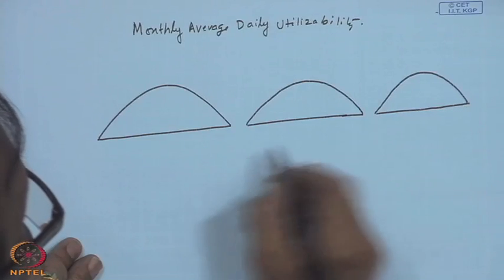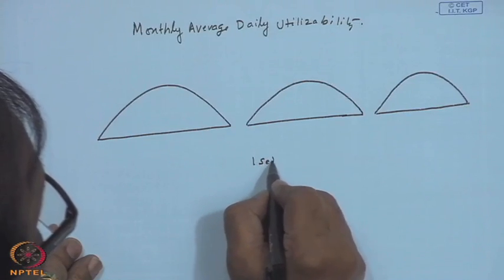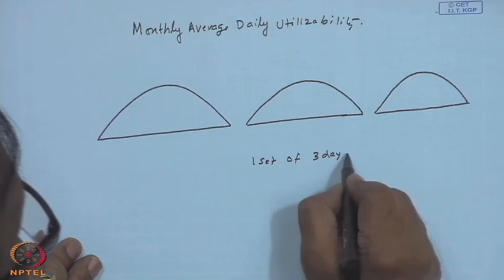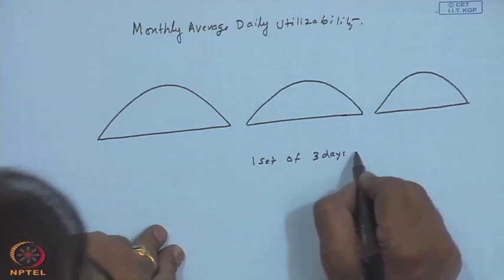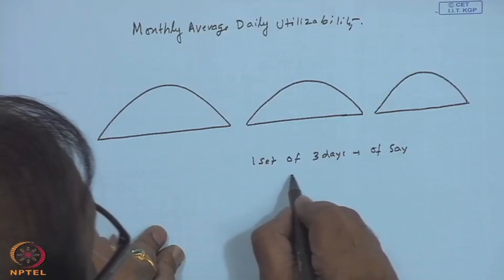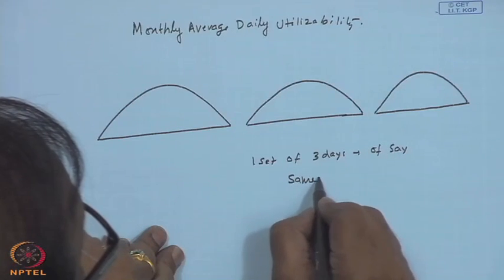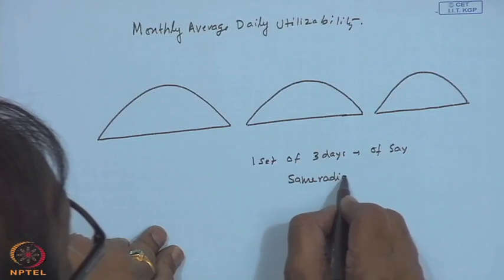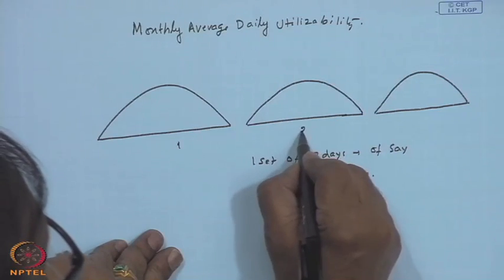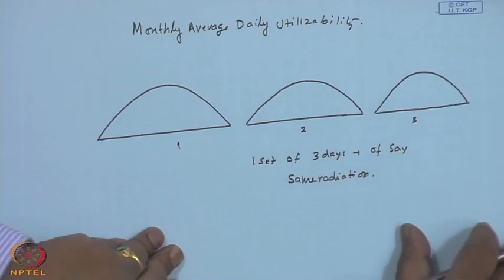This is the first set of 3 days, though they do not look identical, of say same radiation. Okay. 1, 2, 3.